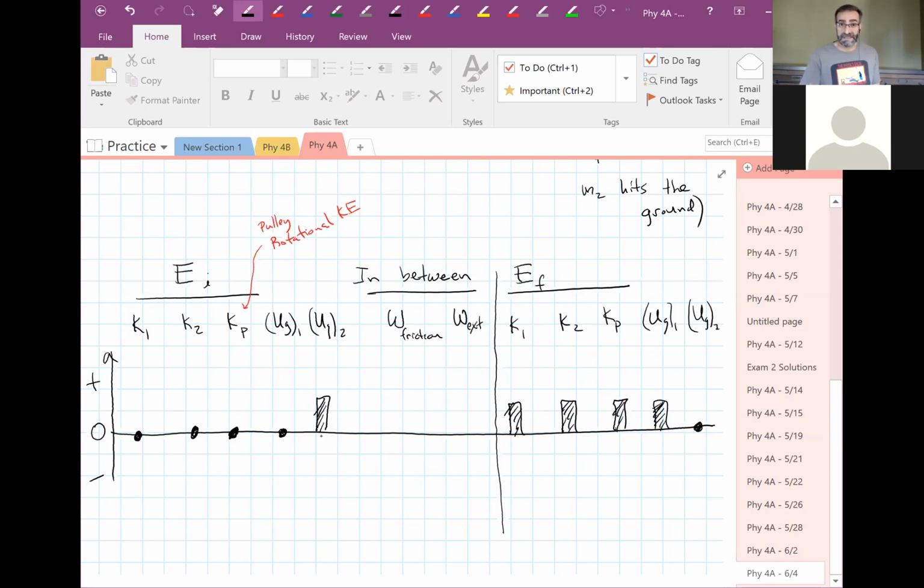As long as it goes less at the end. You can do that with gravitational potential energy because it's a scalar quantity. Do I have friction in my system? Yes, I do, acting on block 1, and friction does negative work. And any external forces?